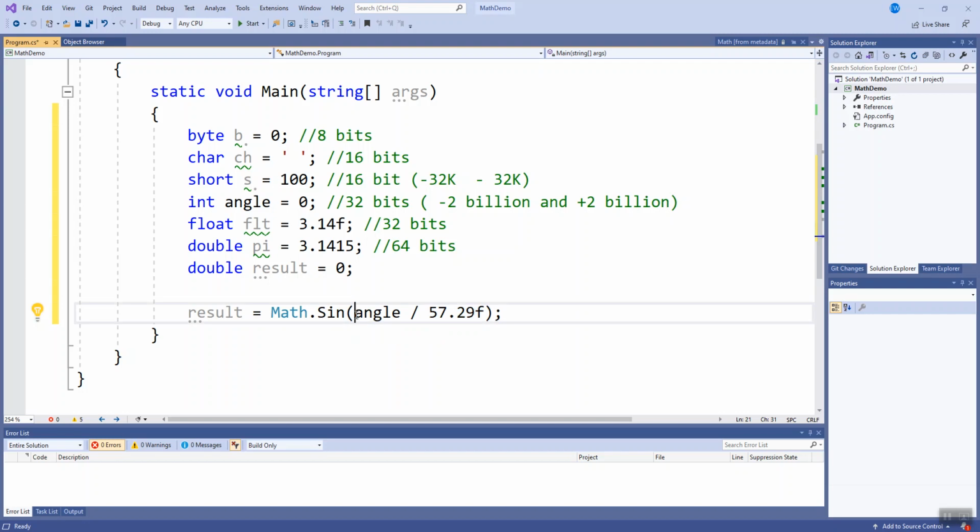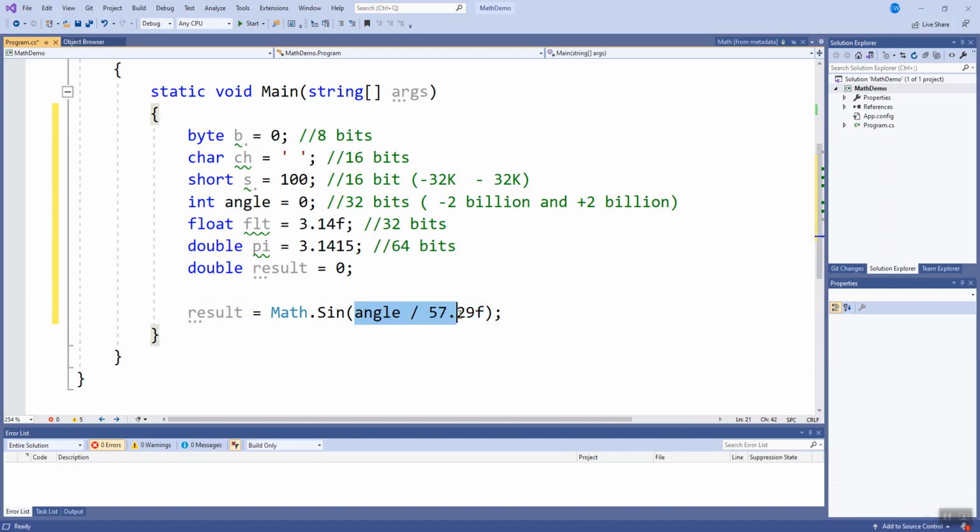Well, what the compiler will do is say, okay, hang on, this is an integer and this is a floating point number. So it is going to promote this to a floating point number, or temporarily turn it into a floating point number, do the calculation, and then promote it to a double.